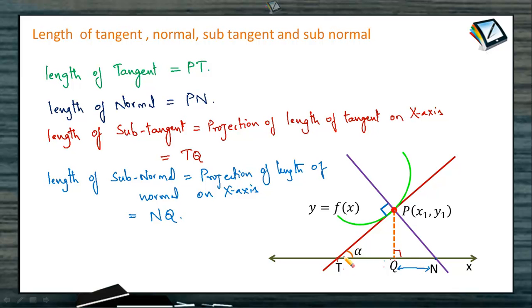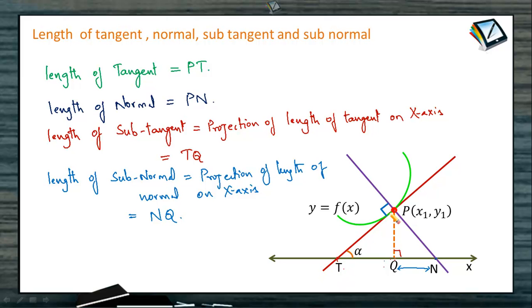Before we proceed to calculate the length of the tangent, length of the normal, length of the subtangent and length of the subnormal, let's first try to understand the definitions. The tangent being an infinite line, in order to find the tangent length, we need a finite segment. So what are the two points between which we find the tangent length? It is from the point of tangency P to the point of intersection of the tangent with the x-axis.